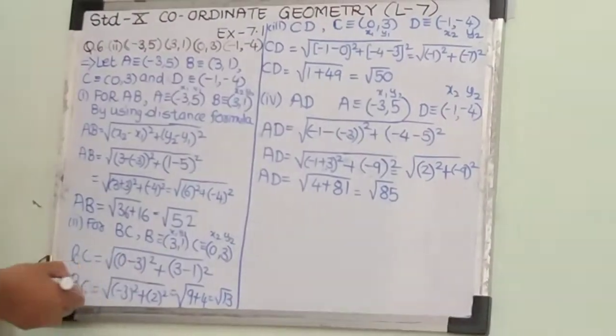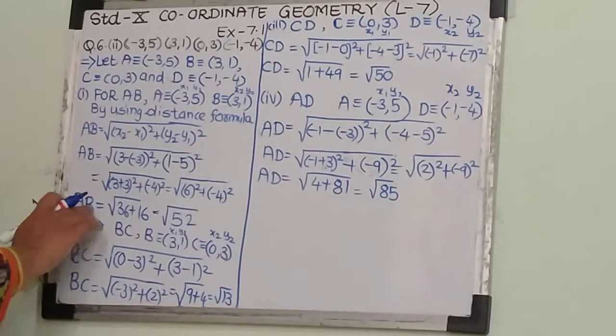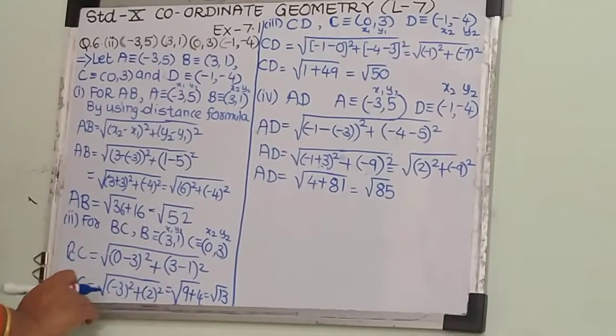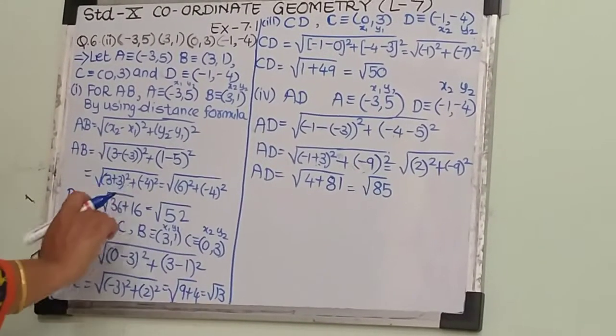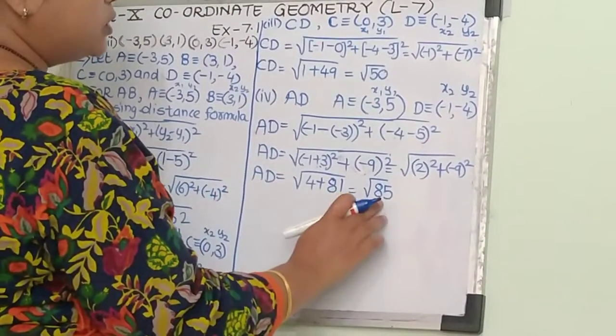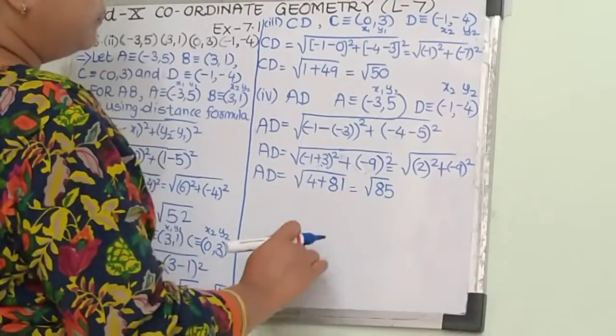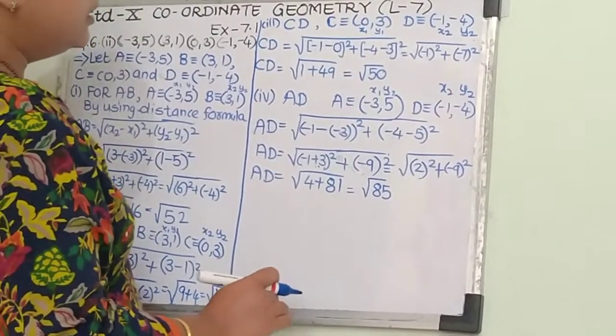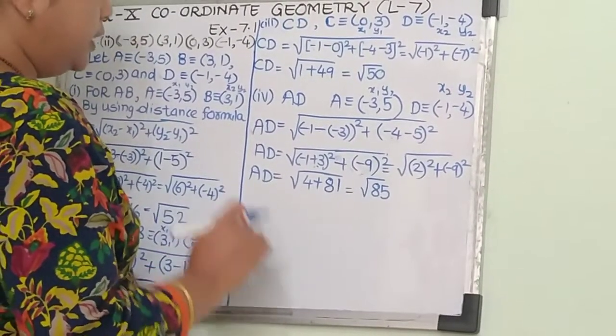So here what we observe, we get AB equals root 52, BC equals root 13, CD equals root 50 and AD equals root of 85. So here all the values are different.